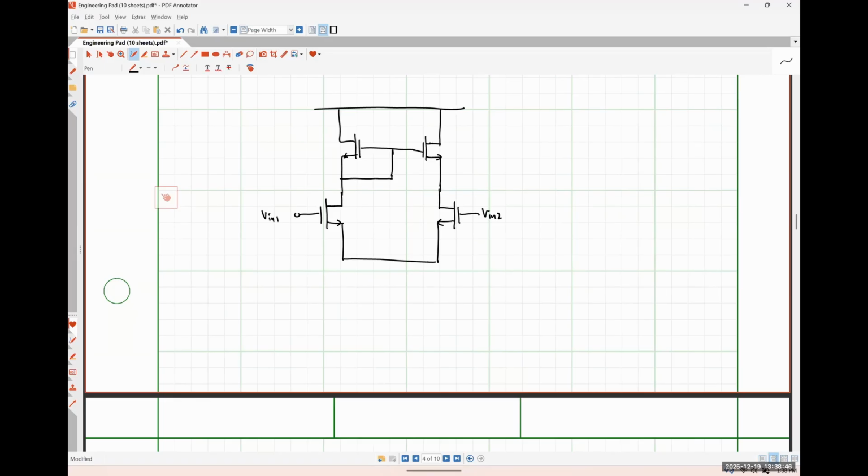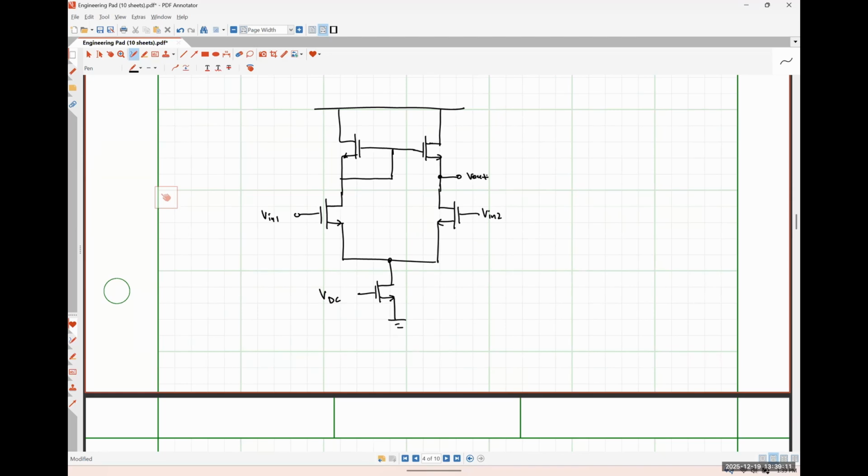And for what it's worth, a current source is just another transistor, where you're using this guy at some fixed DC bias voltage to force a particular amount of current to flow through this guy. This circuit essentially just steers current around. And then we would take our output voltage to be here.